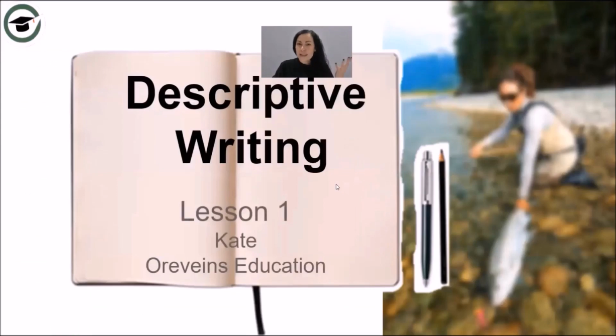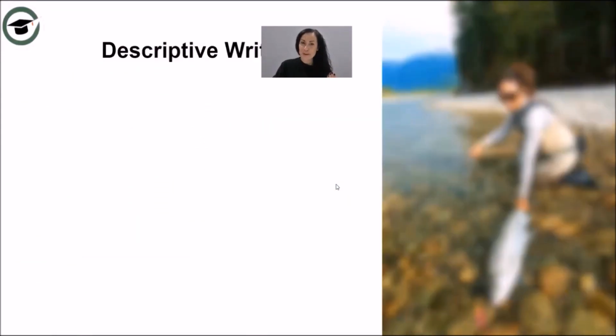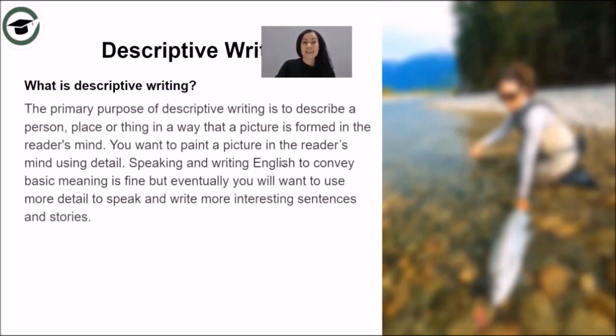Let's look at what is descriptive writing. You've probably heard about it before, and you probably use it a lot without even knowing that you're using it. So, what is descriptive writing? The primary purpose of descriptive writing is to describe a person, a place, or a thing.